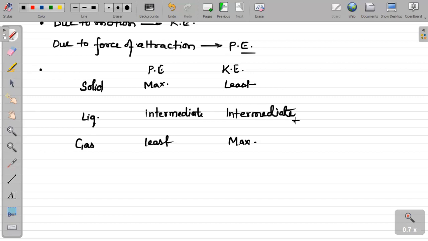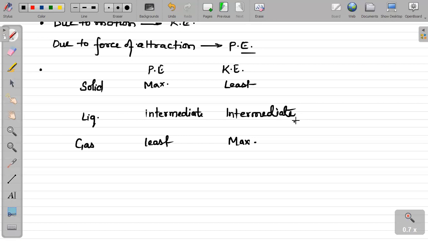When a substance absorbs heat or a substance is heated, the motion of its molecules becomes rapid, so their kinetic energy increases. When the substance is cooled or it gives out heat, the motion of its molecules becomes slow and so their kinetic energy decreases.